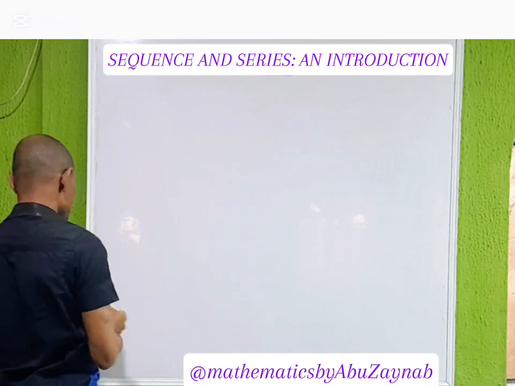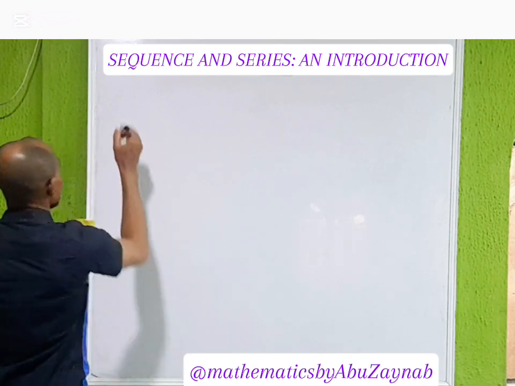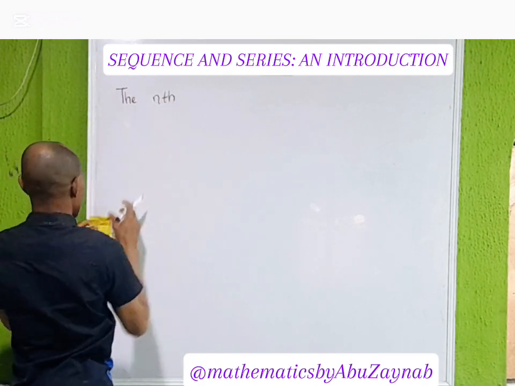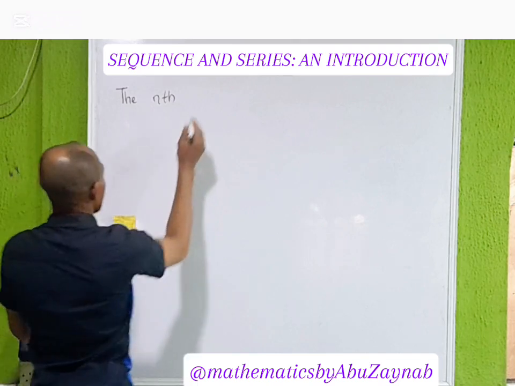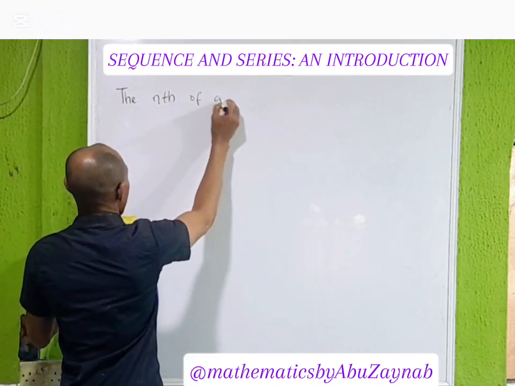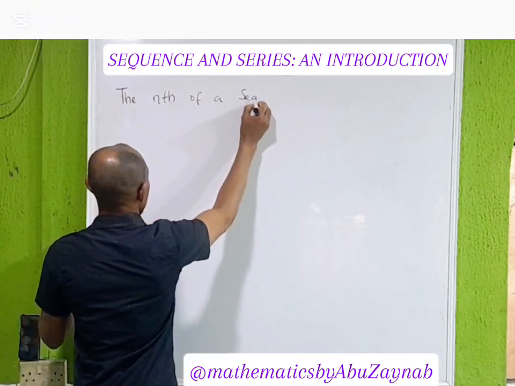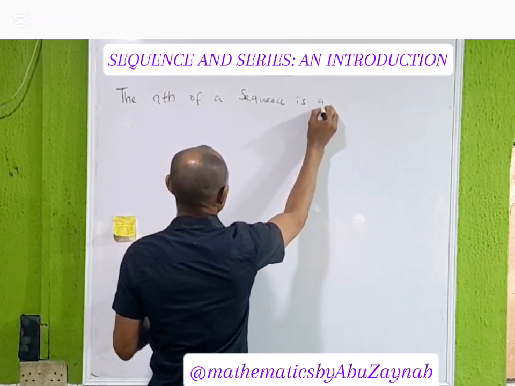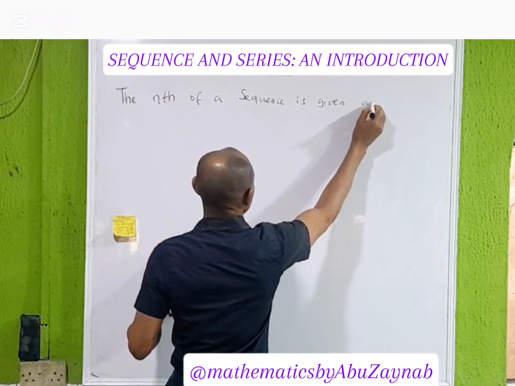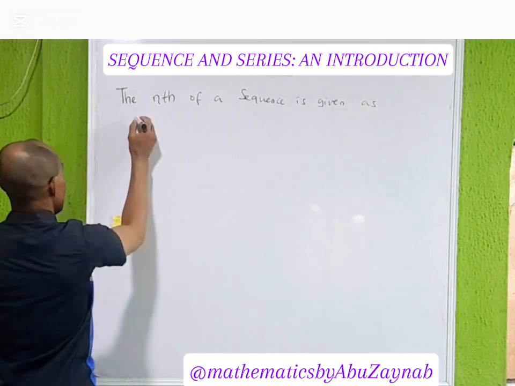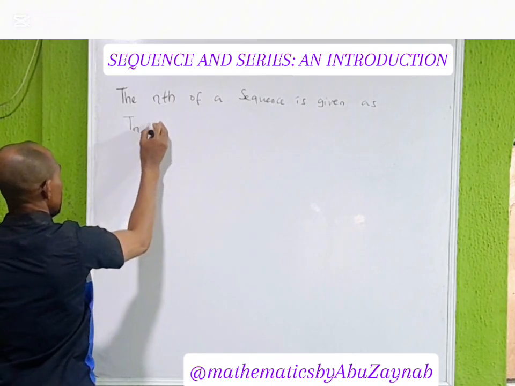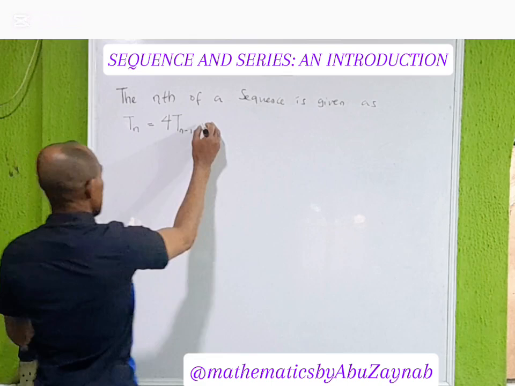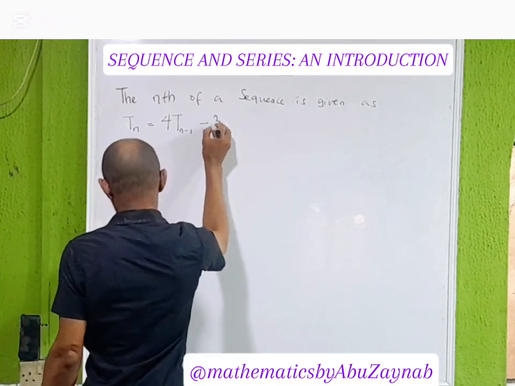The question goes thus. The nth term of a sequence is given as Tn equals 4 Tn minus 1 minus 3.